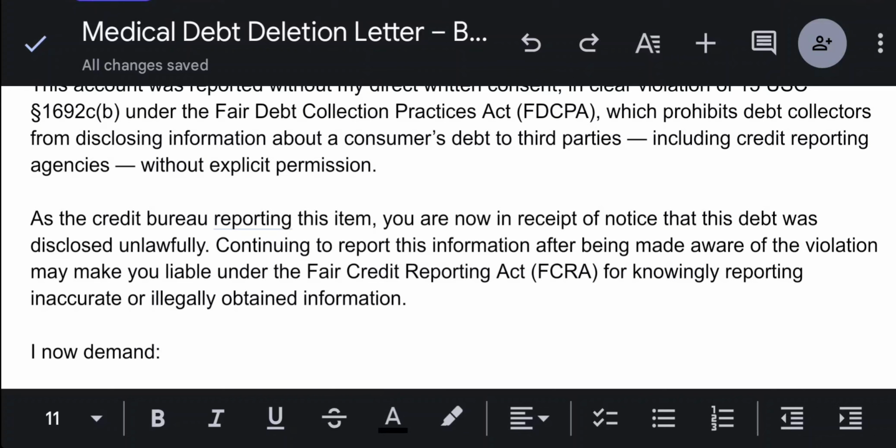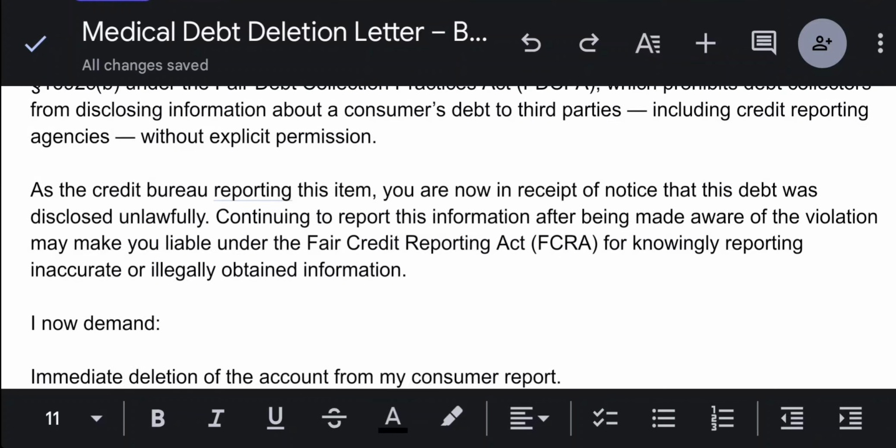That's powerful because a lot of times we talk about inaccurate, unverifiable information, but they are liable under the FCRA for knowingly reporting illegally obtained information. If they didn't go through the proper verification methods, then that means they've assumed that it was correct, which is like knowingly reporting illegally obtained information. Very important that you include that.